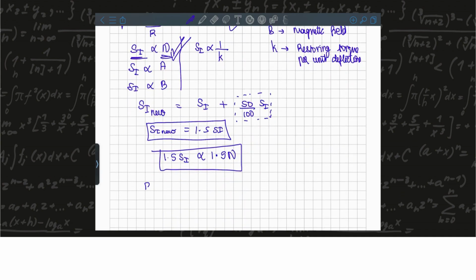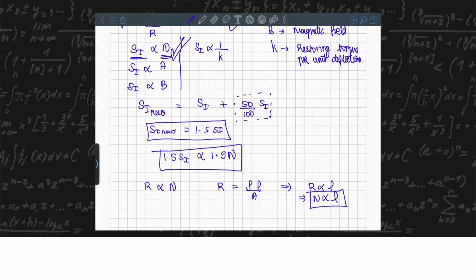Also, R is directly proportional to N. How is R directly proportional to N? This is because from the formula R is equal to rho L by A, I can say that R is directly proportional to L, right? So if R is directly proportional to L, we know that N is directly proportional to L. How? Because as the number of turns of coil increases, it is obvious that the length of the coil also increases, and hence this relation.